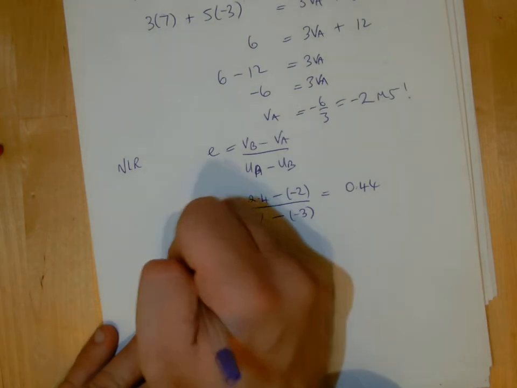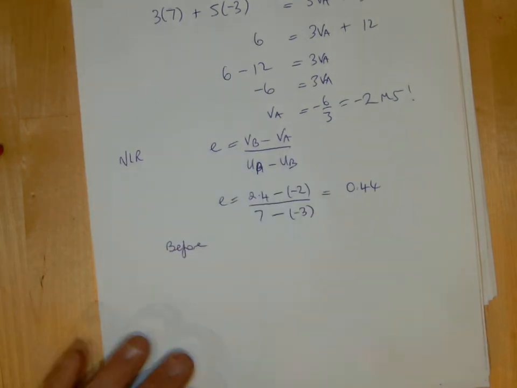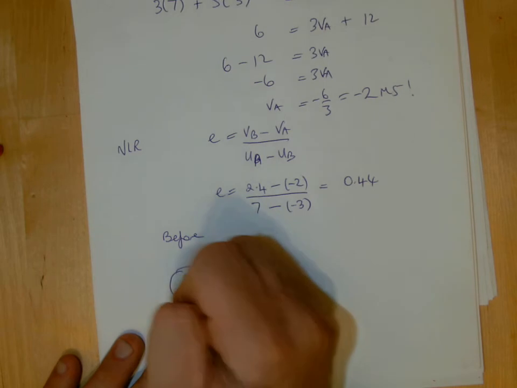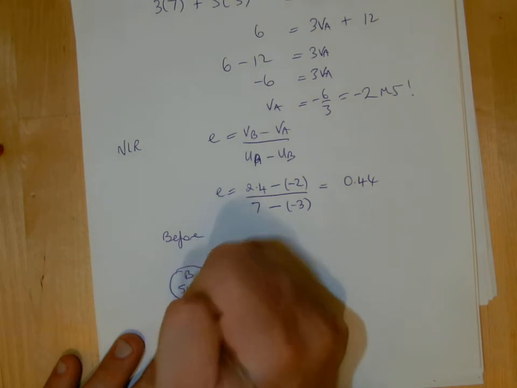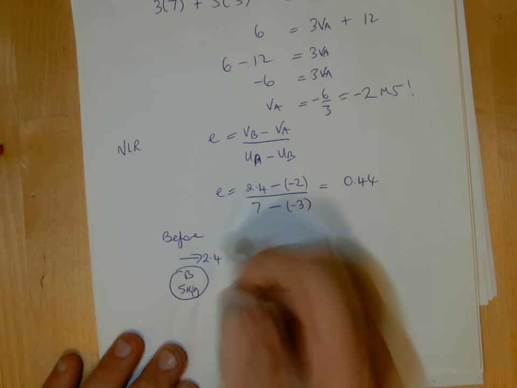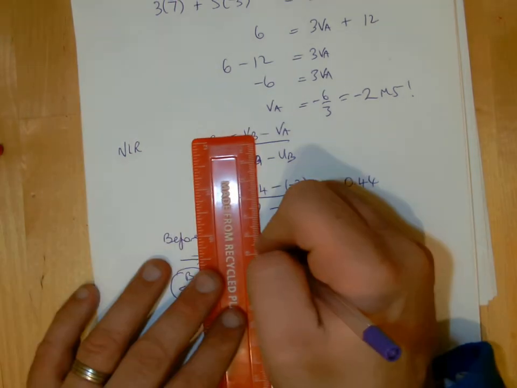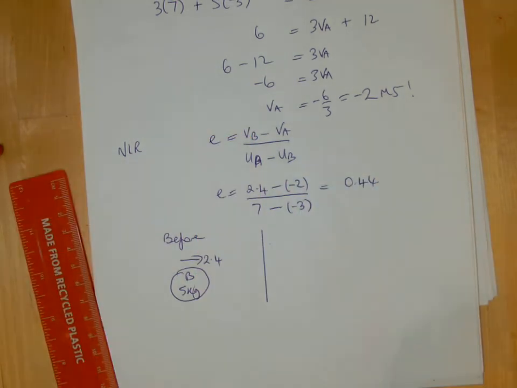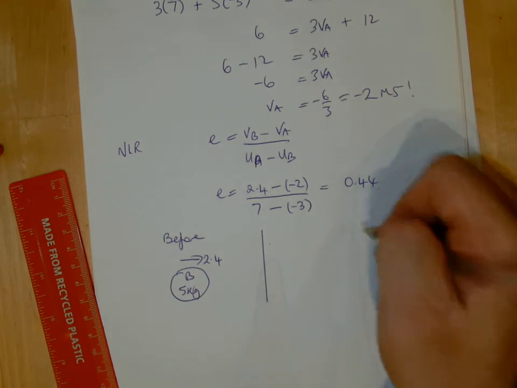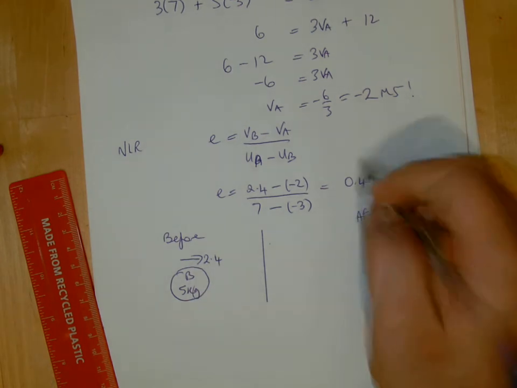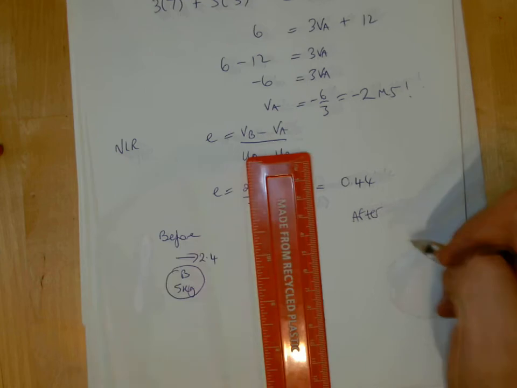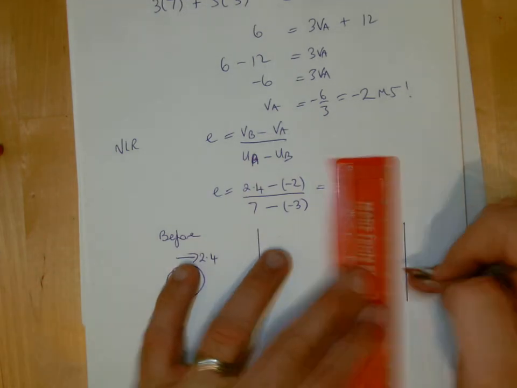So the situation now is that object B is going at 2.4 meters per second, and it's coming to hit a wall, right? Basically it's going to hit a wall, and then once it's hit that wall, it's definitely going to reverse the direction, isn't it?